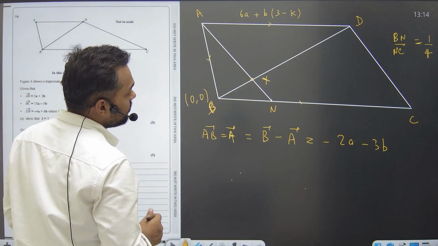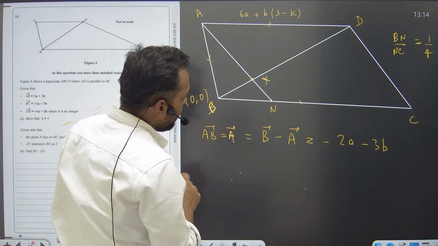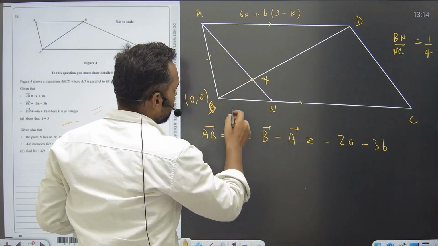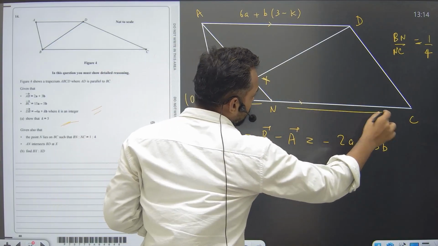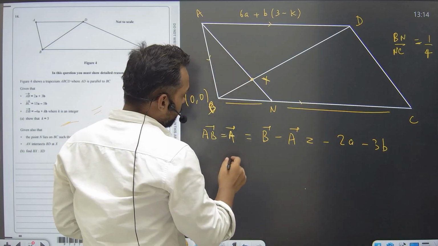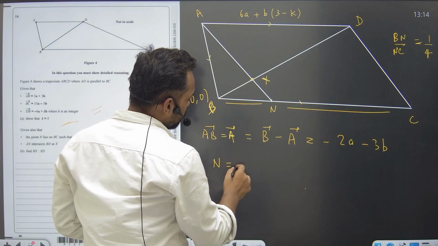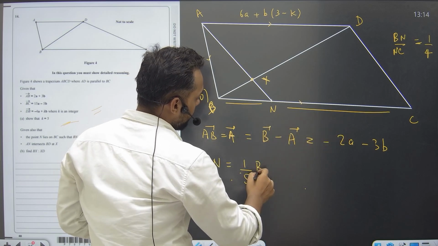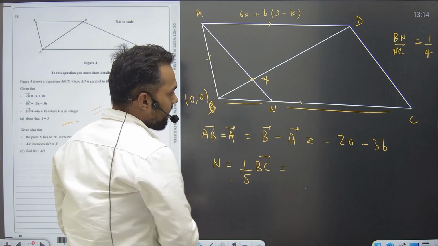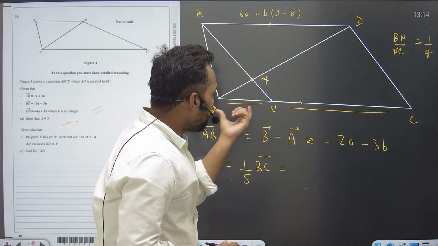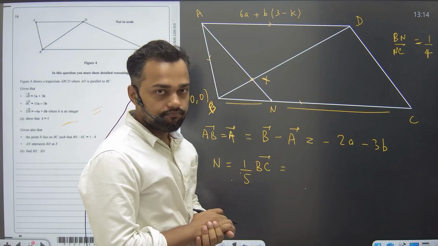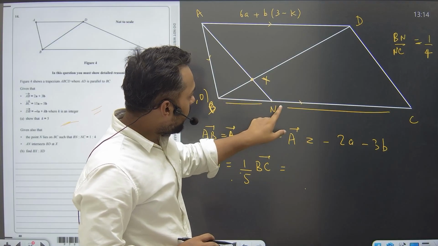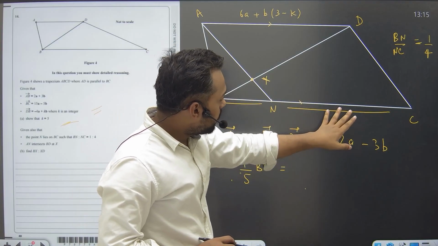Similarly, students, for the point N, since in the question they have told that BN by NC is 1 by 4, this ratio upon this particular part is 1 by 4. So we can say that N will be 1/5 times the vector BC. How? Because N is at a distance of 1 from B and at a distance of 4 from C, according to the question.